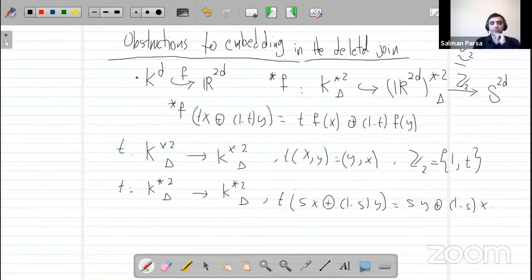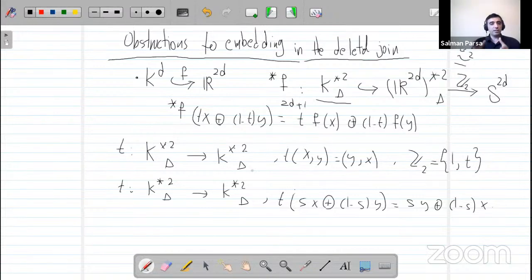And yes, now imagine if inside this deleted join is an antipodal sphere of dimension 2D plus 1. So observe that the dimension of this object is 2D plus 1.